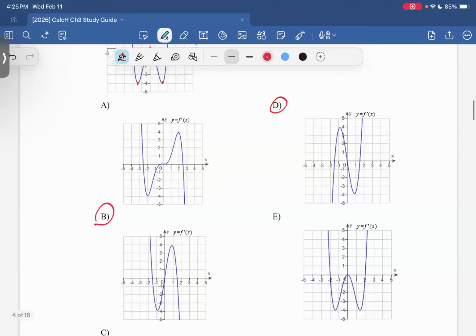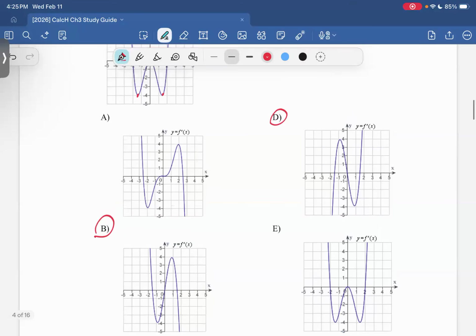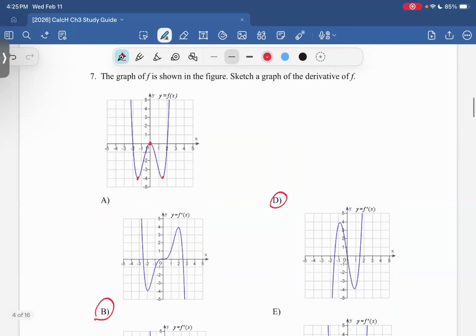So now we just need to narrow it down between B and D. Now we can look more carefully at the slope of the original graph. We can see that the slope of the original graph starts going downwards, meaning that it's decreasing. So the graph shows that we have a decreasing interval from negative infinity to negative 1.5.